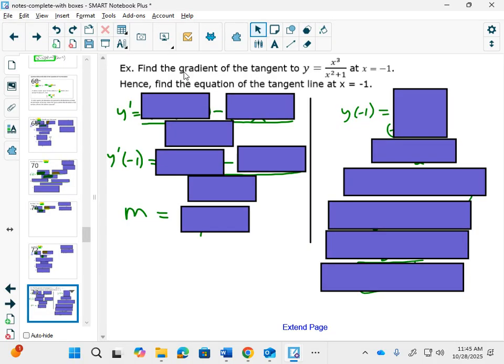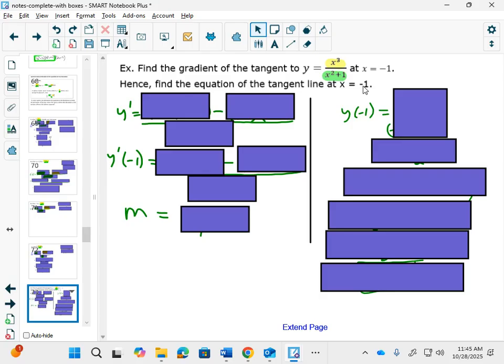Find the gradient or slope of the tangent to... I'm looking at this one and saying, hey, this is a quotient. I have something on the top and something on the bottom at x equals negative 1. And then we want to find the equation of the tangent line. So we remember, the key thing is, what is a derivative?